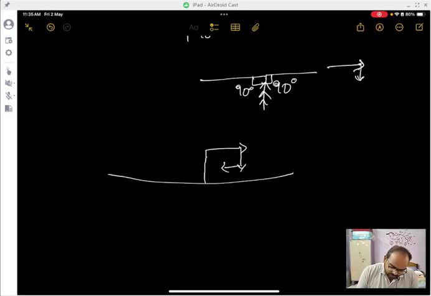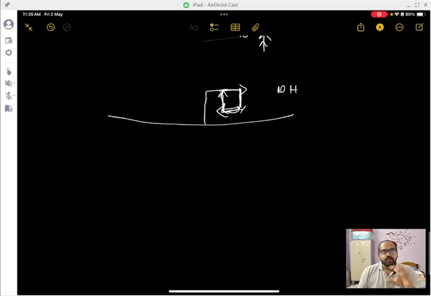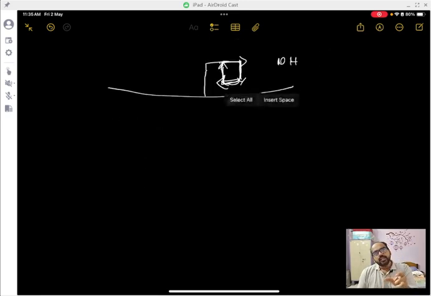Again it deflects like this. So there is a clockwise direction of the objects or winds in northern hemisphere. And due to leftward deflection of winds in southern hemisphere, there would be anti-clockwise circulation.